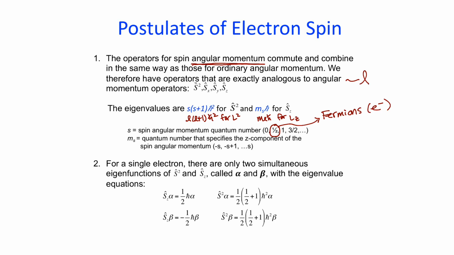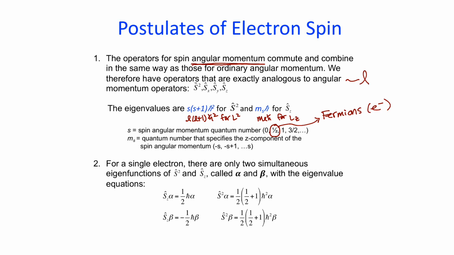Okay, and then we have our spin magnetic quantum number that specifies the z component of the spin angular momentum. So this is essentially the quantum number that you're used to using when you're labeling the locations of your electrons.